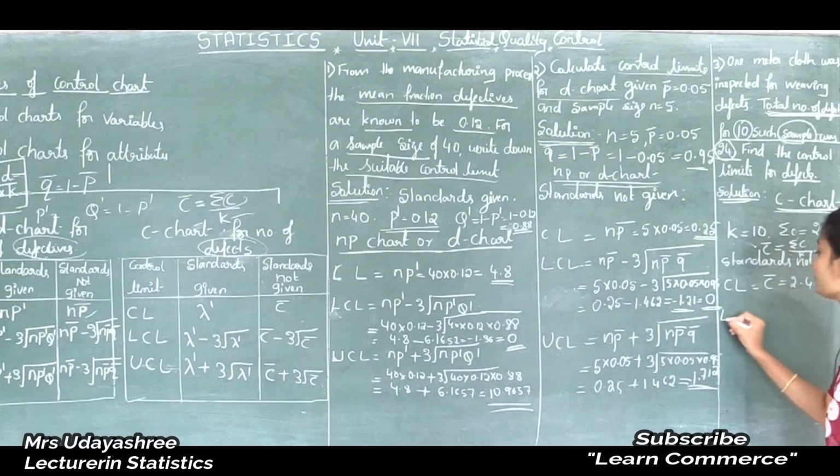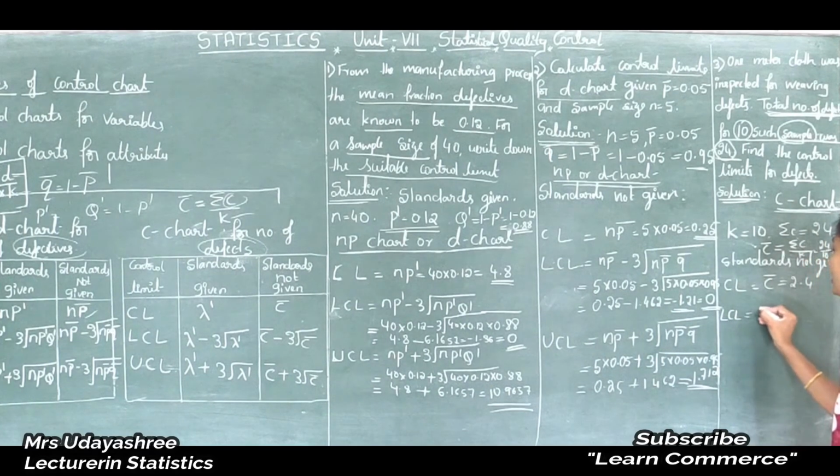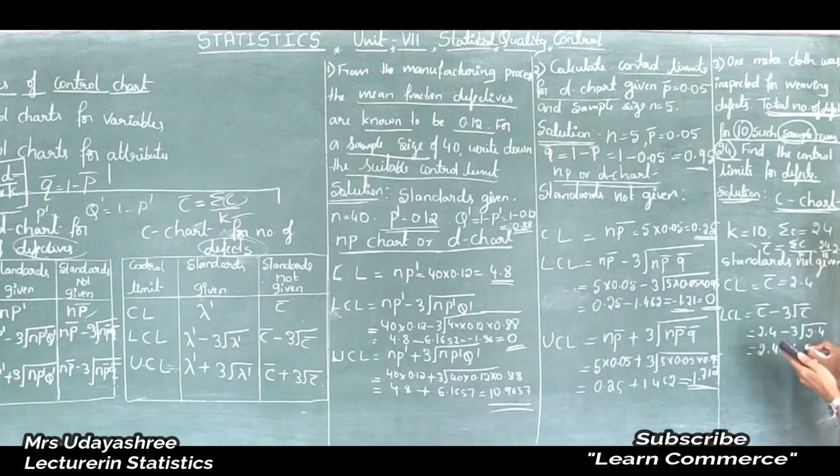Then to calculate the lower control limit, the formula is C bar minus 3 into square root of C bar. See here, C bar value is 2.4, minus 3 into square root of 2.4. First I will solve this one, the square root of 2.4, that value is 1.5, then into 3, that value is 4.64.